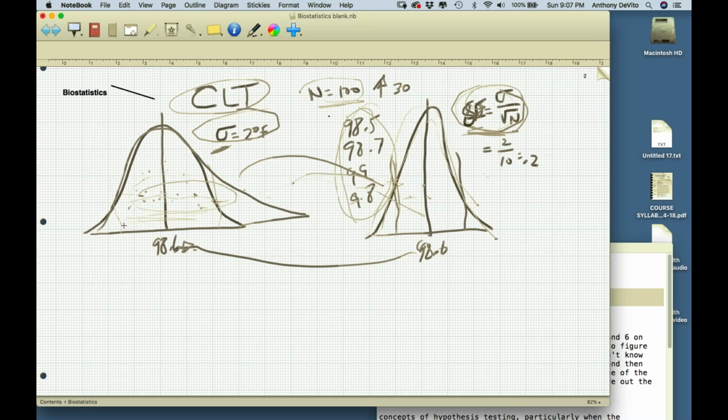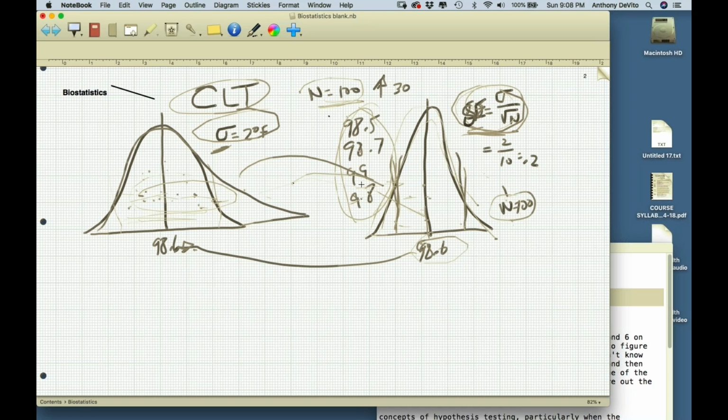Okay, so if I know that 95% of the sample means are going to be within two standard deviations of the population mean, or what we think is the population mean, then if I take one single sample of size 100, that sample could be exactly 98.6.